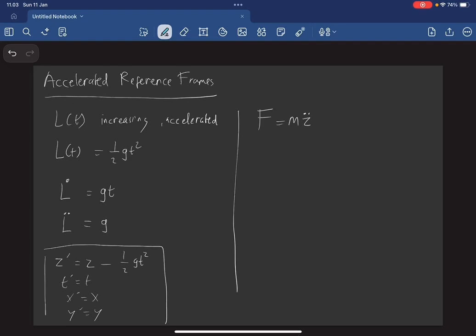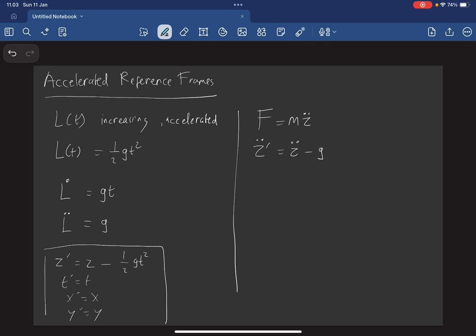We have to do the operation of differentiating twice over again on the equation here. So we know the answer: z prime double dot equals z double dot minus g. Now the prime acceleration and the unprime acceleration differ by an amount of g.